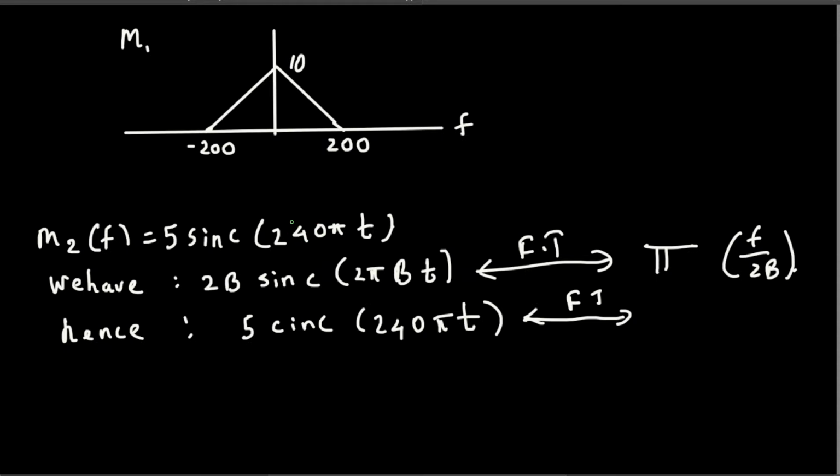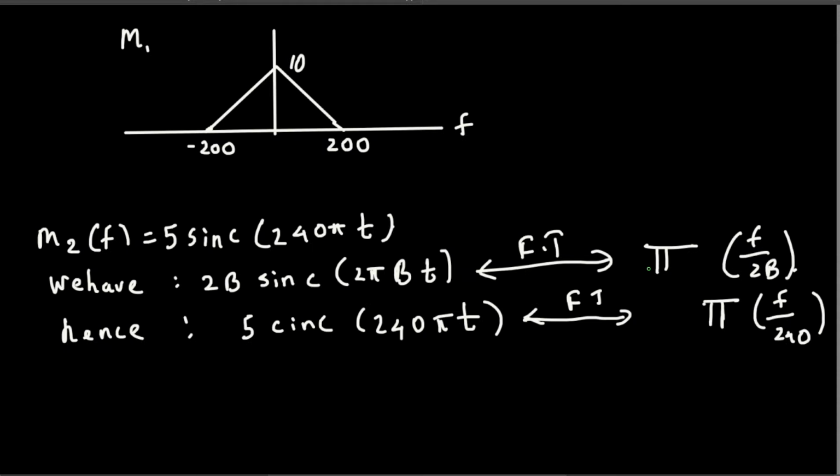From this one, we know that 2B is 240. That's going to be the denominator here: rect of f over 240.